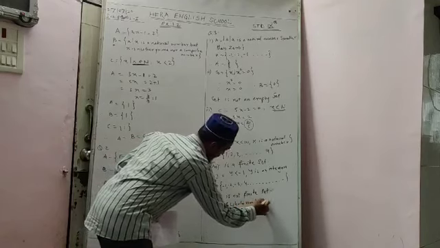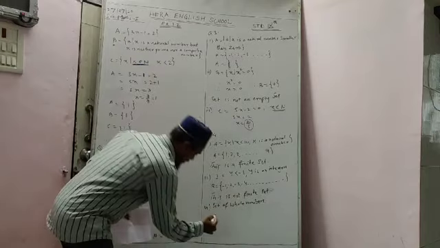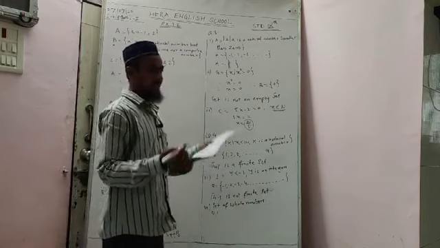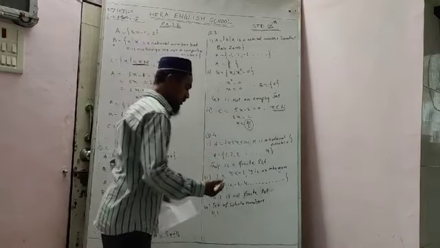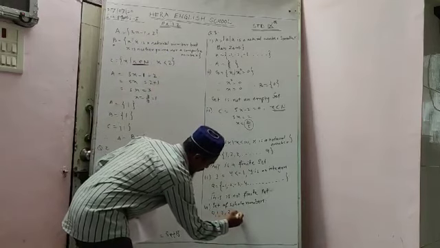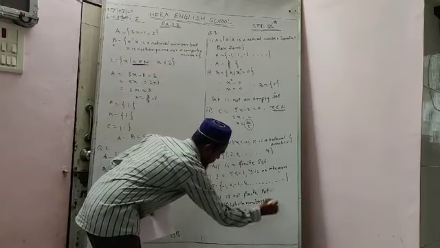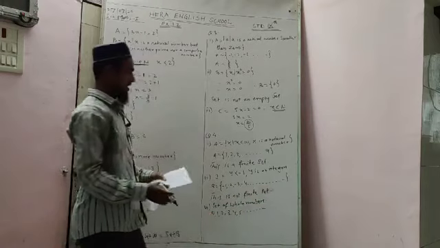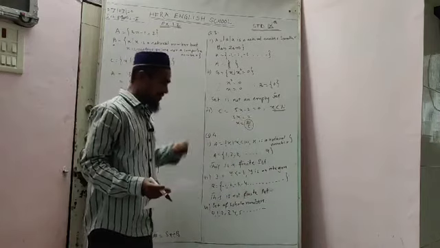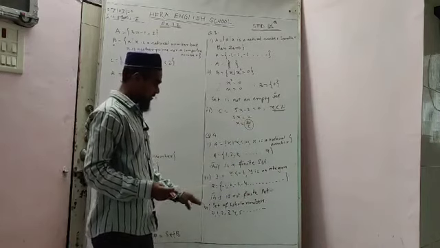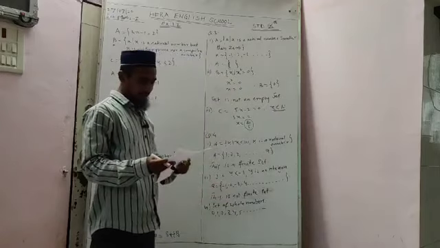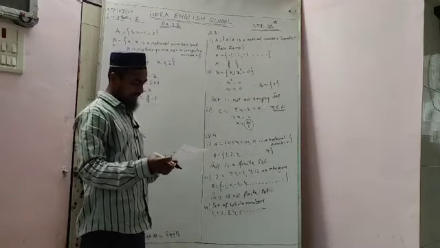Whole numbers start from 0, or you can say if we add 0 to the natural numbers, you will get the whole numbers. 0, 1, 2, 3, 4, 5, it will continue, no limits here also. So we can say the set of whole numbers is unlimited, and we will write here, this is an infinite set.